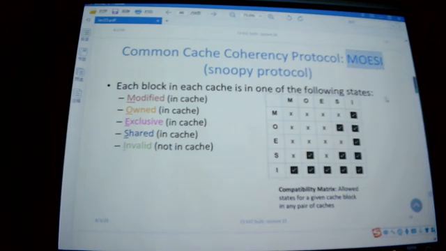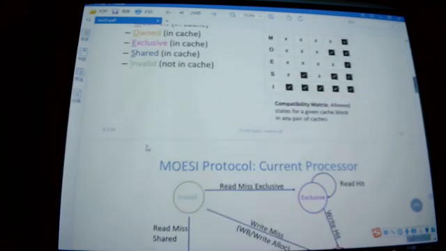So this is MOESI. Okay, Snoopy protocol is another term for MOESI. Some people feel MOESI is difficult to read, so Snoopy is another name. Cache coherency is very important. We must keep cache coherency.